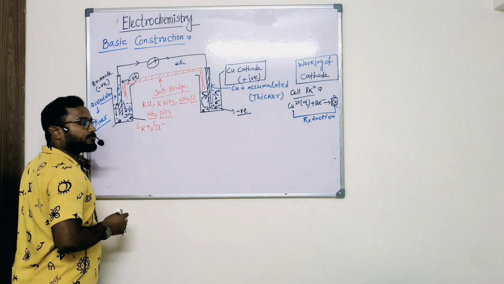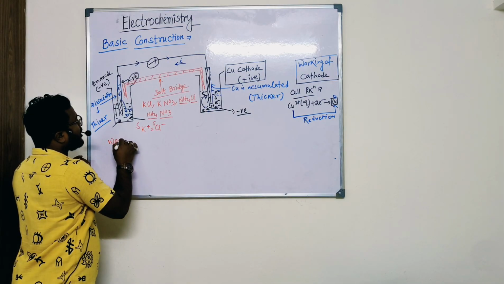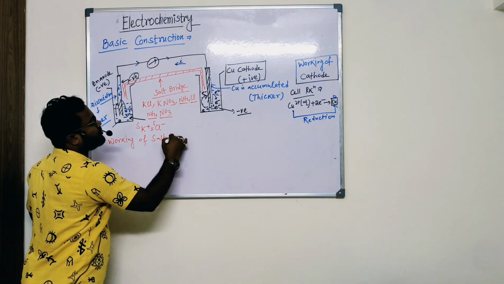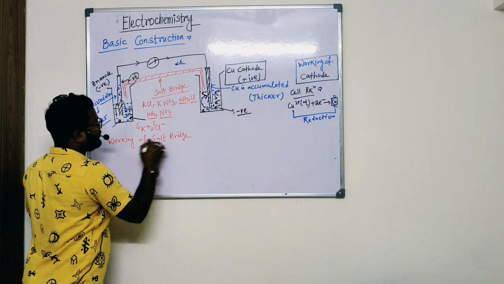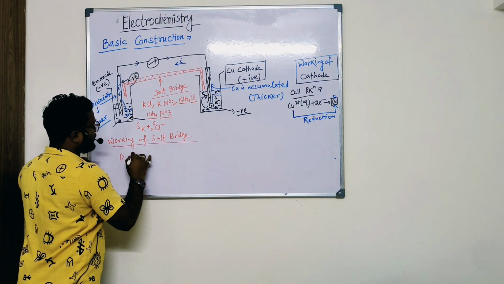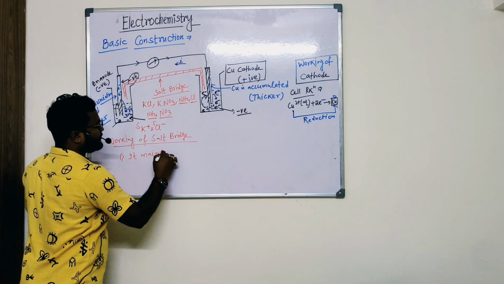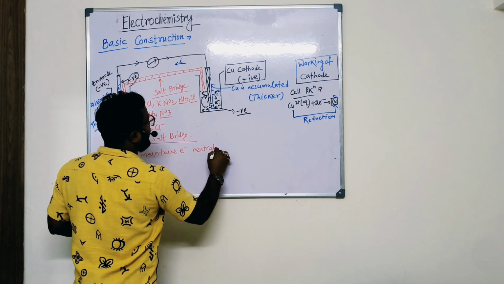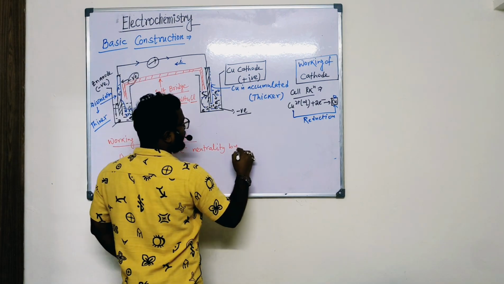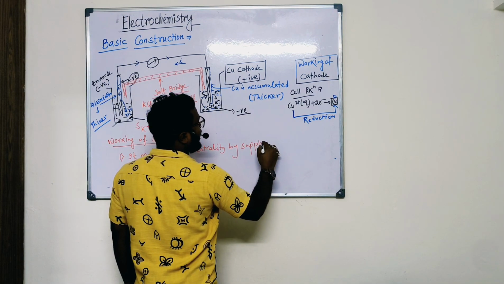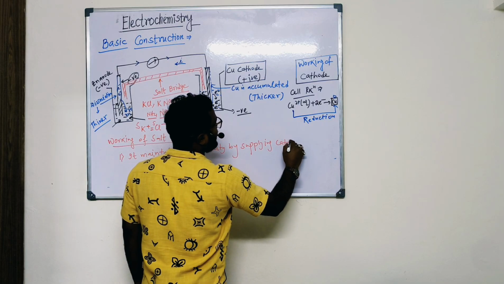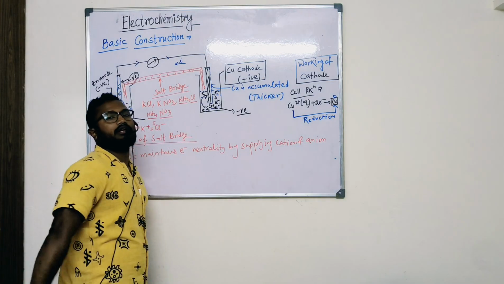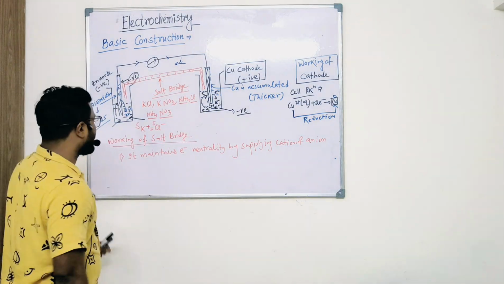So, what is the working of a salt bridge? First, the working or importance of a salt bridge. What does it do? First thing, it maintains electrical neutrality by supplying cations and anions. So it maintains electrical neutrality by supply of cations and anions.